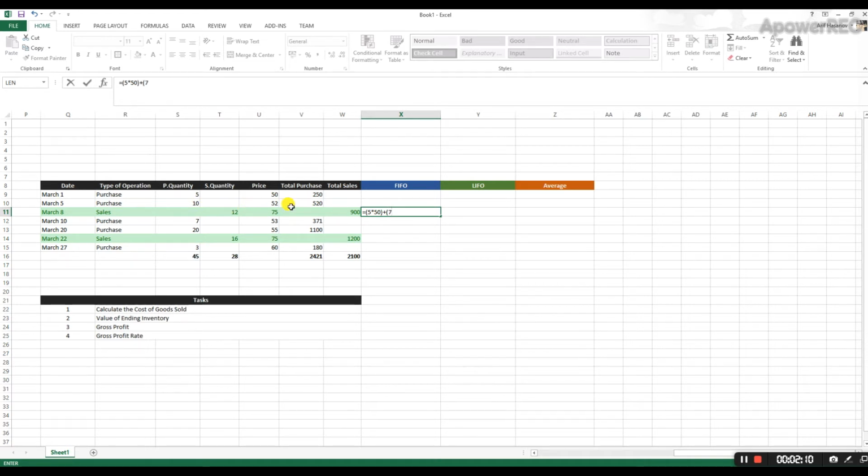So 7 we sold from the 52 one. That gives 614. So we can say that we sold the goods for 900 and the cost of the goods that we sold was 614.